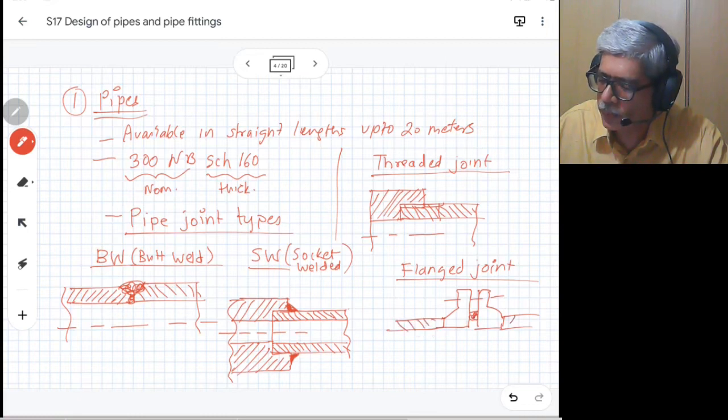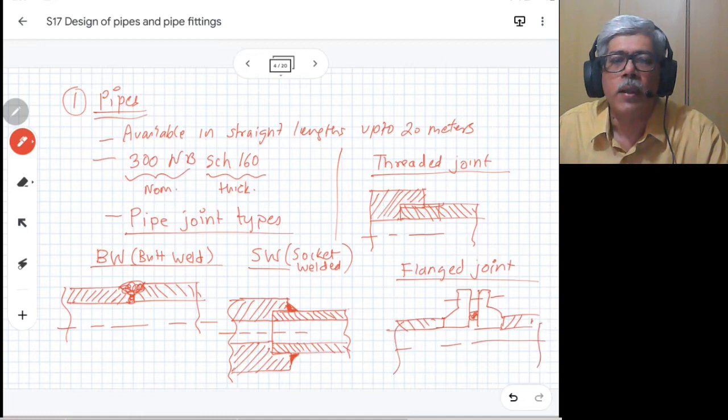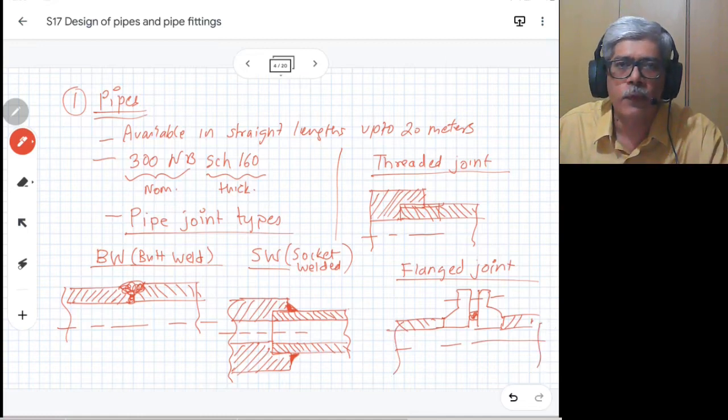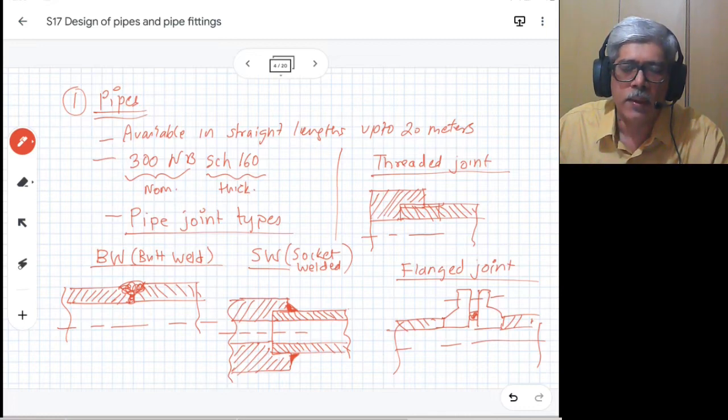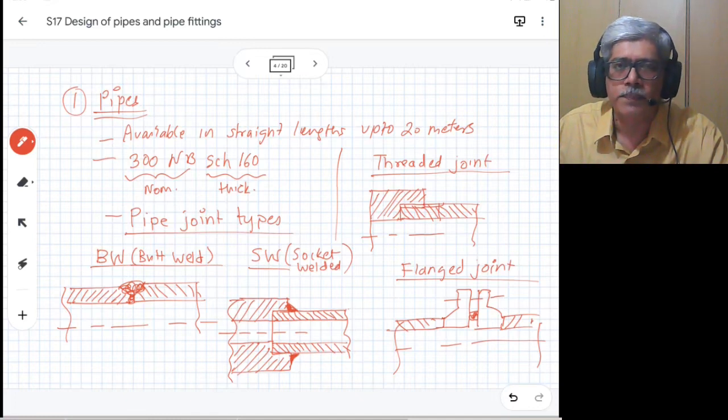So you have two components which are joined by the flange joint. So these are the four types of joints that are available. So when you are ordering a component, depending on what type of joint is to be used, the fitting needs to be ordered accordingly.